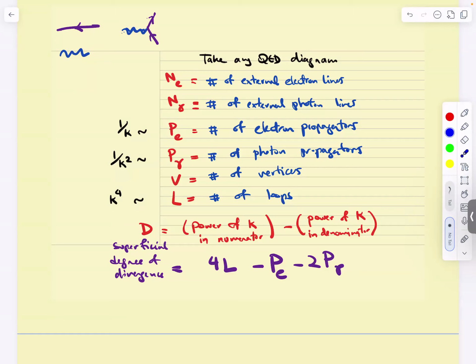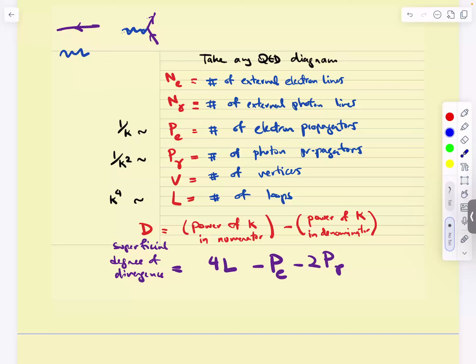Now, if you recall, according to the laws of Feynman diagrams, the integrals come about every time you have loops. And in the loop, when you have an electron propagator, it gives you a negative power of k, 1 over k. Why is that?